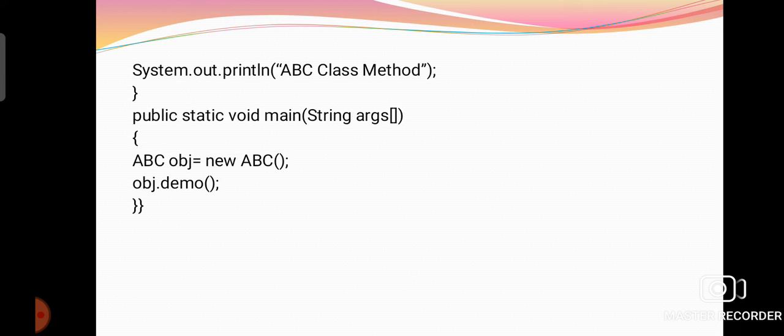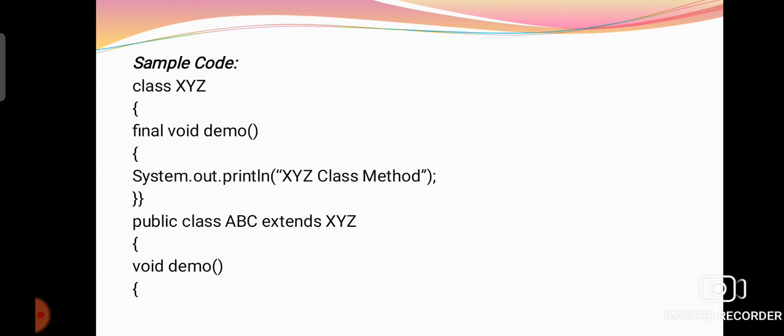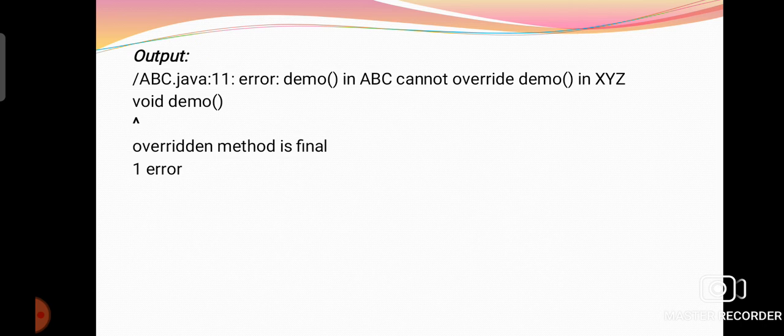In the main function we create the object of the ABC class and call the demo method. But on execution of the program we will get an error. The demo method will not be executed, since it was declared as final in the superclass, but we have tried to override the final method in the subclass. So we will get the error like this.